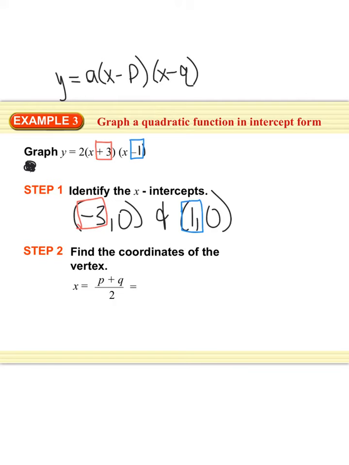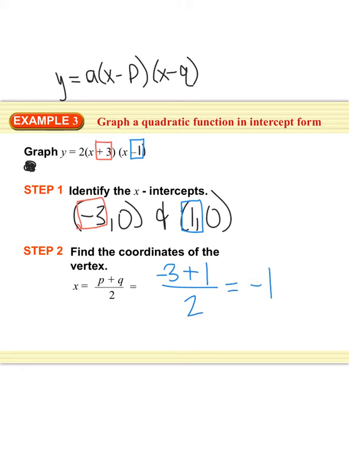Keep in mind that our y value is 0 because on the x-axis, y value is 0. And the next step is to find the x-coordinate of the vertex. So remember, we need to use p plus q divided by 2. That means we need negative 3 plus 1 divided by 2, which gives us negative 1.